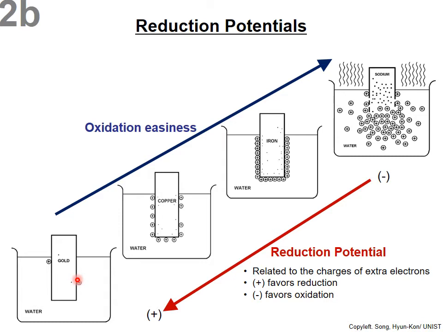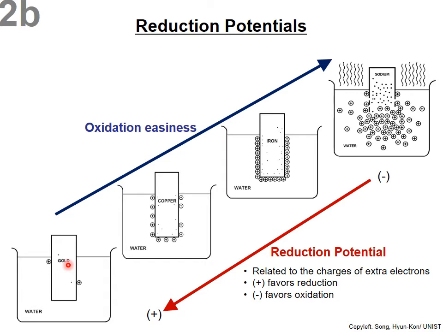Gold is the poorest guy in this series. The gold metal has just 2 electrons. So this guy wants to get some electrons from other guys, accept some electrons. It means gold is easily reduced, not oxidized.